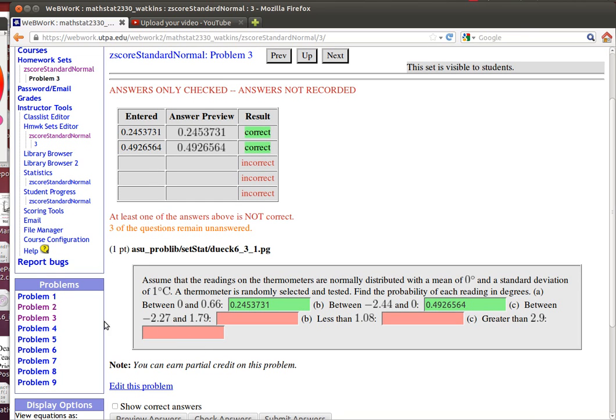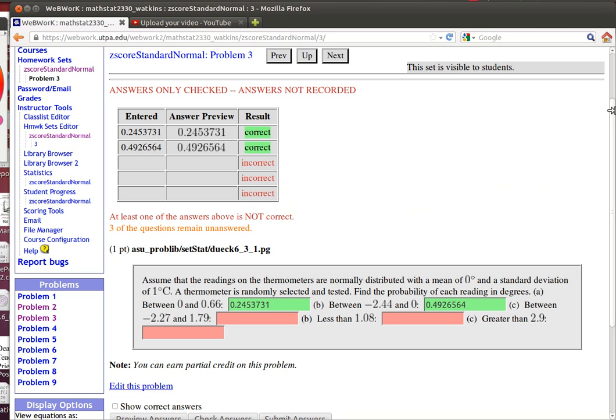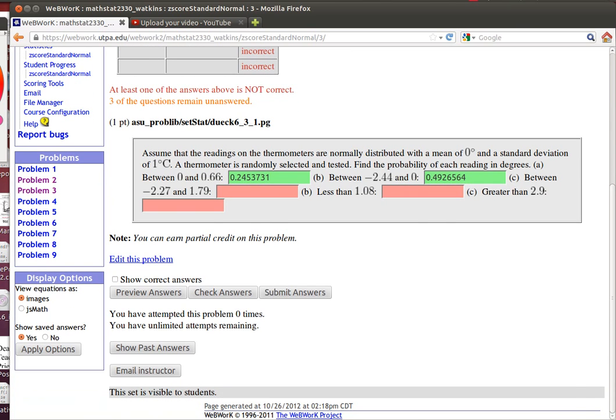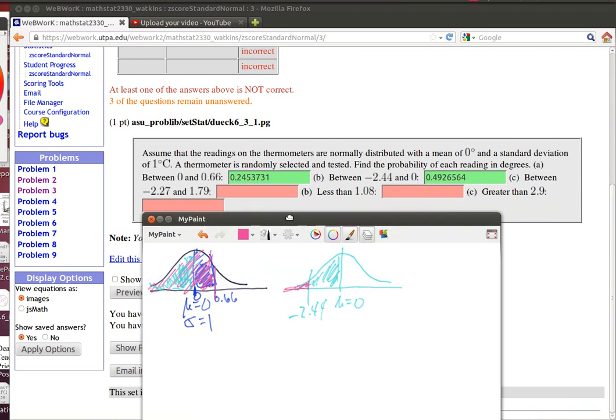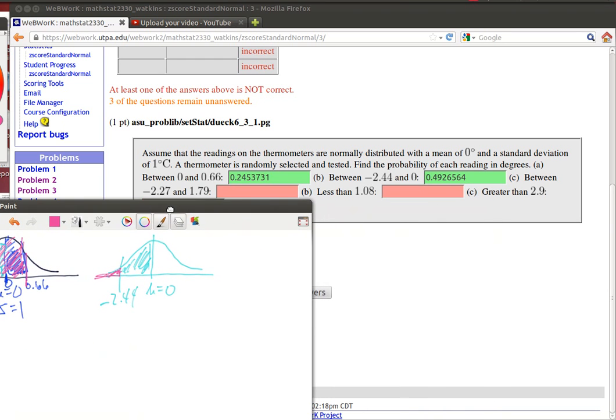Okay. Now these others are a little bit more interesting. Let's look at this one just real quickly. Here we want to go from a negative 2.27 up until we get to a positive 1.79.